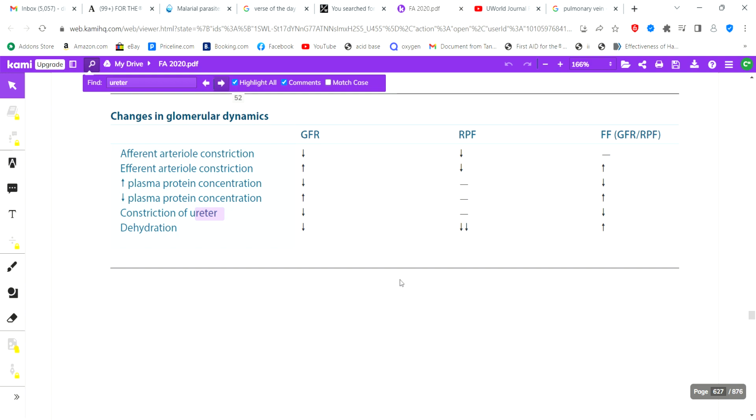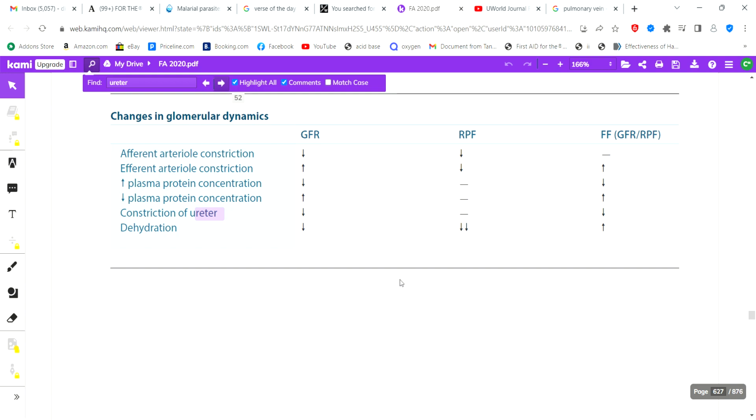Okay, next. We did CHF. Basically, what happens in congestive heart failure? This leads to decreased cardiac output, which leads to increased RAS, which leads to increased sympathetic stimulation, which leads to increased renin, which leads to increased angiotensin 1, which leads to increased angiotensin 2.